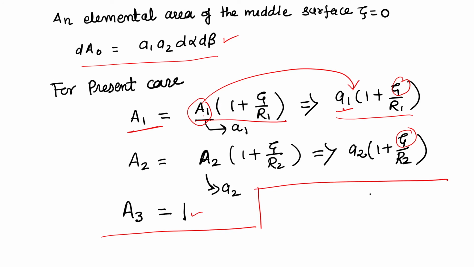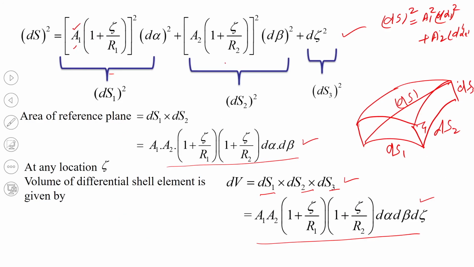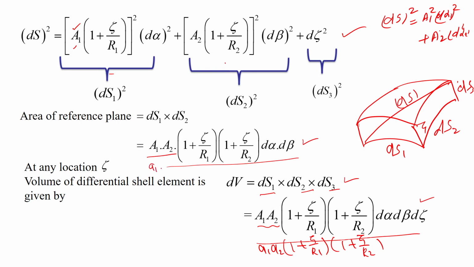After that, once we know A1, A2 and A3, we have expressed the volume as ds1, ds2, ds3, so here I will replace it with small a1, small a2, 1 plus zeta by r1 and 1 plus zeta by r2.